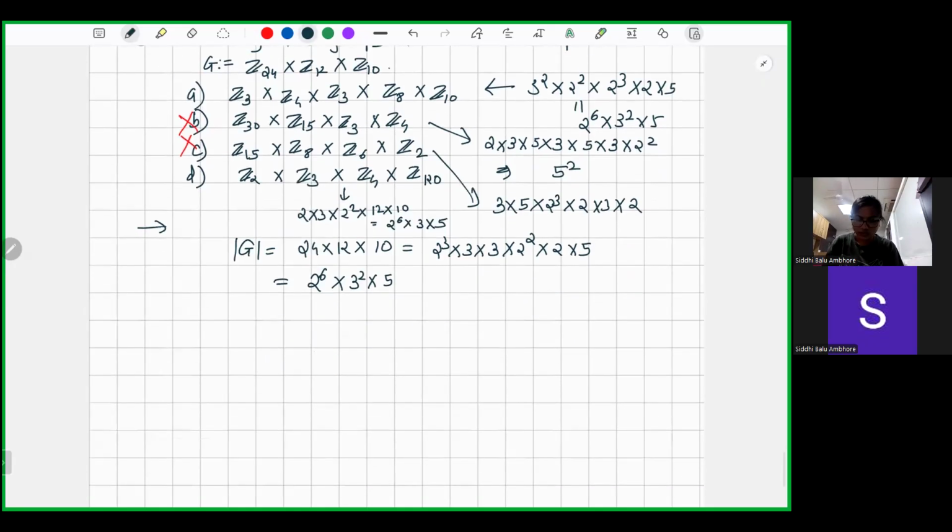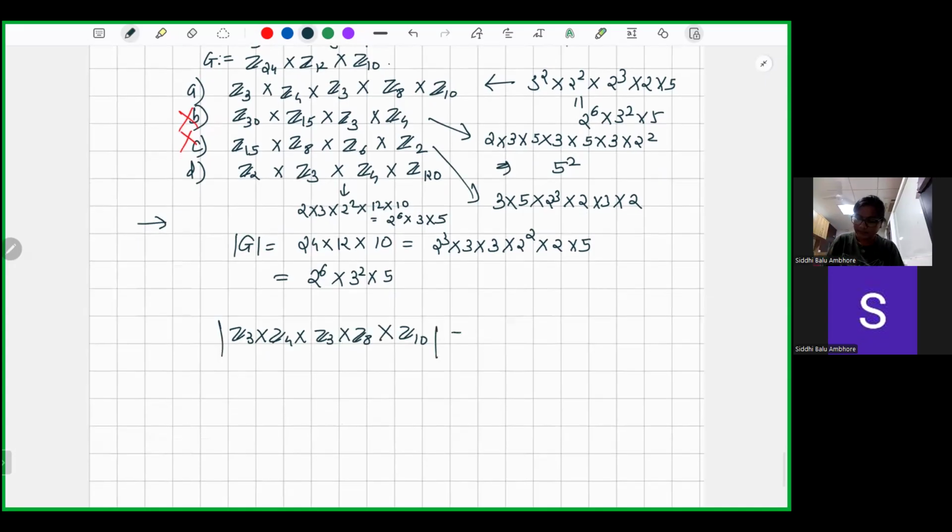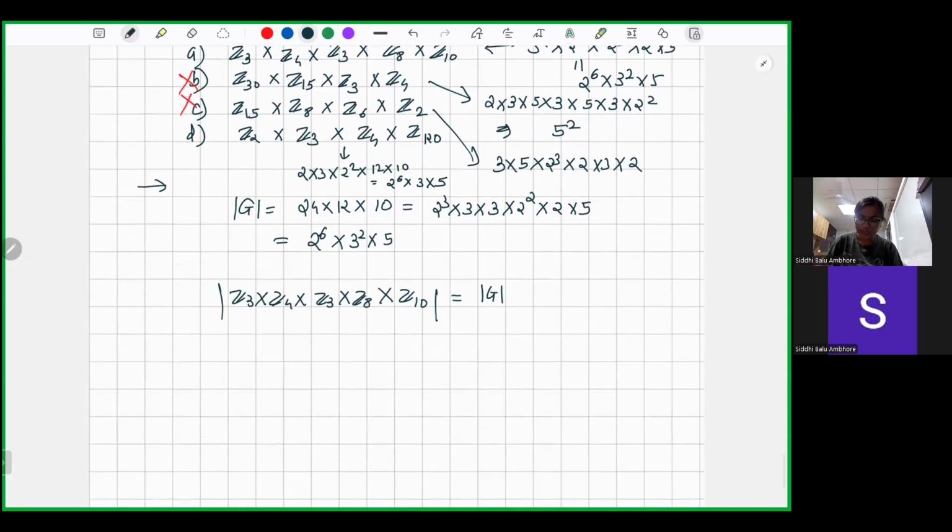So the first option, Z3 cross Z4 cross Z3 cross Z8 cross Z10, has cardinality equal to cardinality of G, and this one has cardinality equal to G. So again, by structure theorem, we get that these two will be equal.